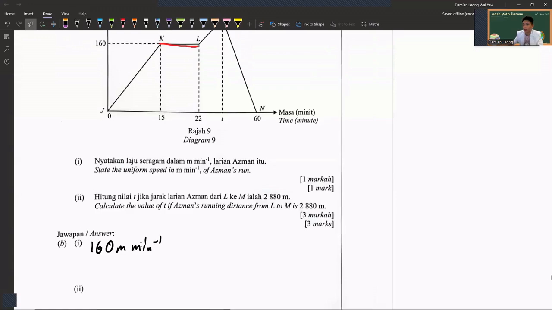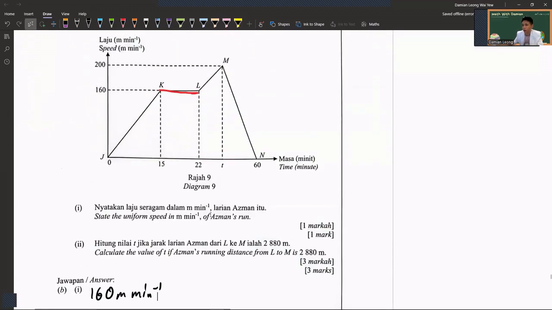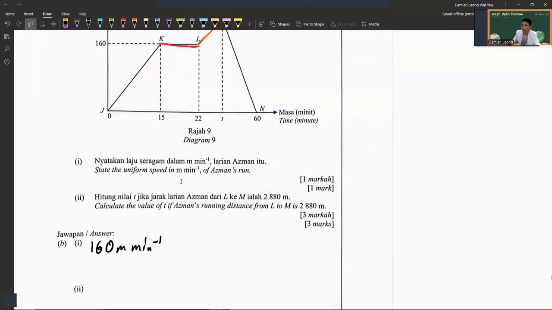Second one, calculate value of t if Asman's running distance from L to M. This part is 2,880 meters. So distance from a speed against time graph is the area under the graph.